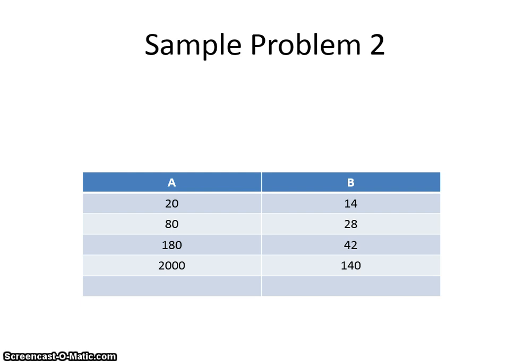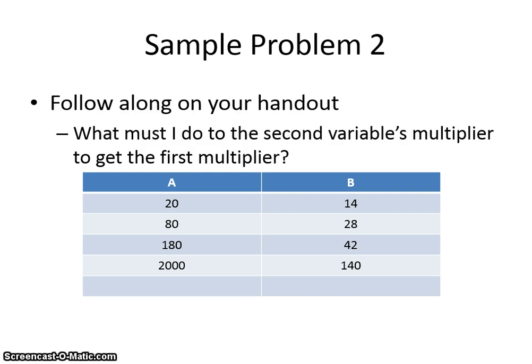Sample problem 2, we also did this in class. When we got the answers, a was proportional to b squared.